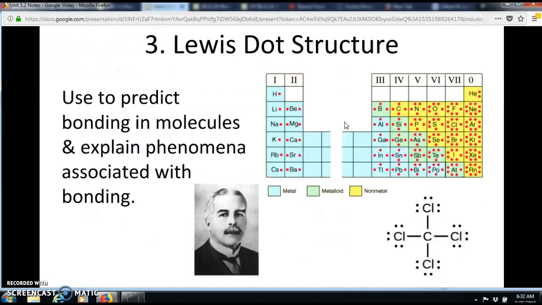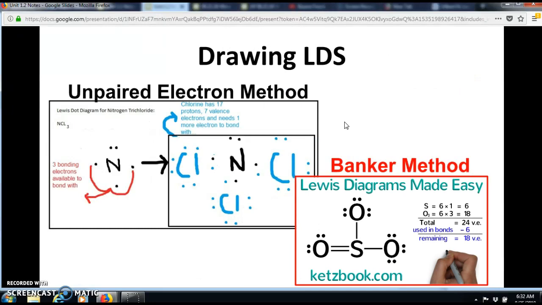Alright, the last one we're going to go over is Lewis dot structures. It's used to predict bonding in molecules and explain phenomena associated with bonding. There are 2 methods for drawing Lewis dot structures. The unpaired electron method, which is what we've learned in school. That's a great method for conceptualizing Lewis dot structures, but it can be limiting.